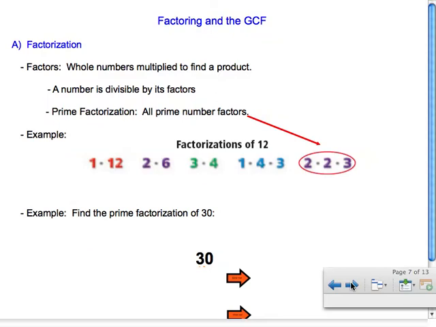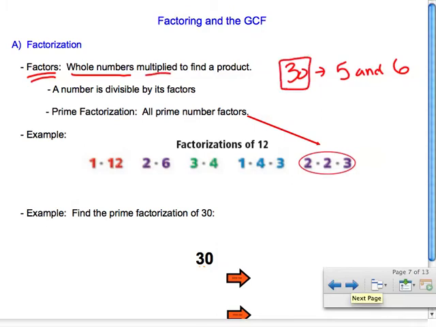What are factors? Factors are whole numbers multiplied to find a product. For example, two factors of the number 30 would be 5 and 6, because 5 times 6 makes 30. They are multiplied in order to find some other bigger product.